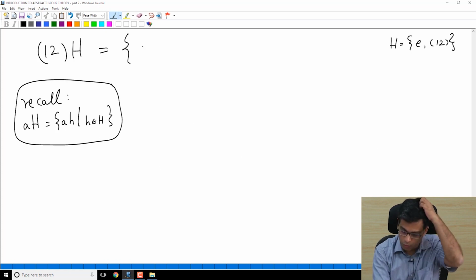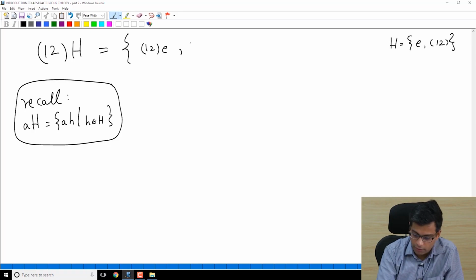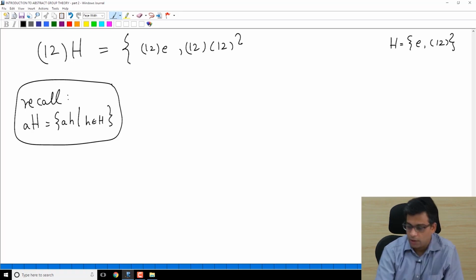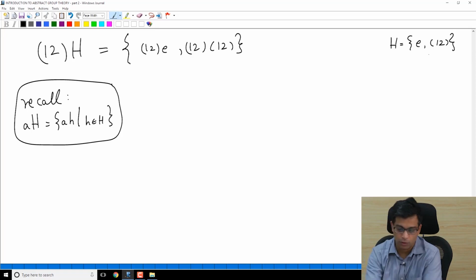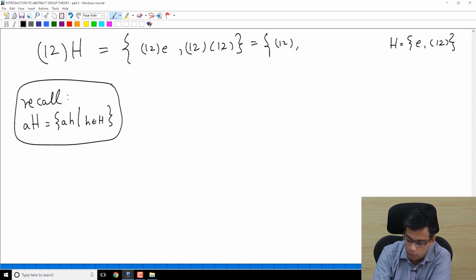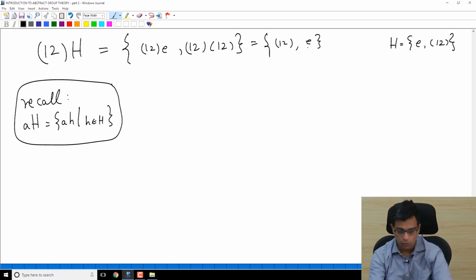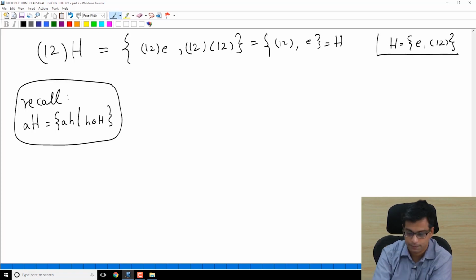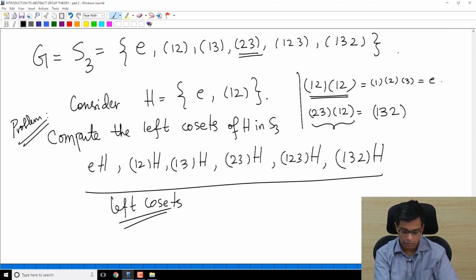So (1 2)H is (1 2) times E and (1 2) times (1 2). I'm going to multiply each element of H by (1 2). And what is (1 2) times E? E is the identity element, so that's (1 2). And (1 2) times (1 2), as I worked out in the previous slide, is just E. (1 2) has order 2. So (1 2)H is just (1 2) comma E, which is exactly equal to H. So the first two cosets coincide. So EH is the same as (1 2)H.